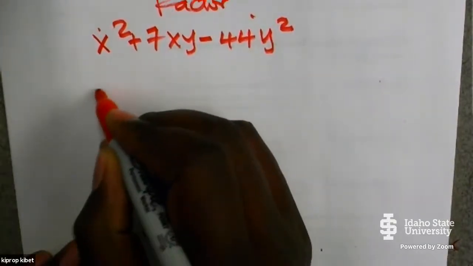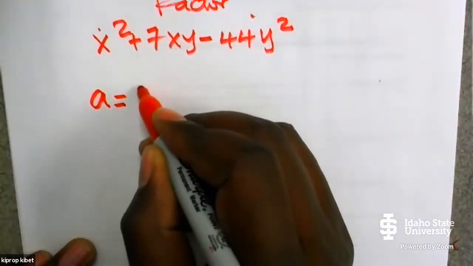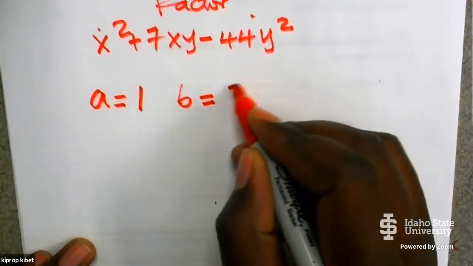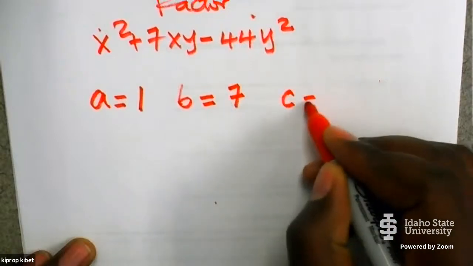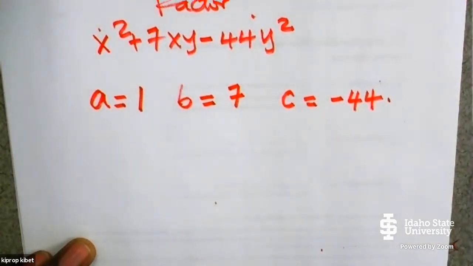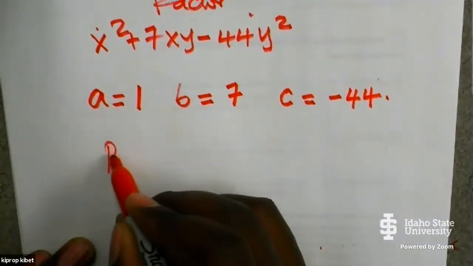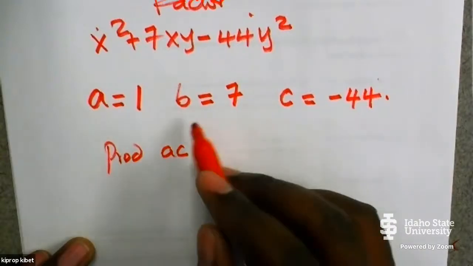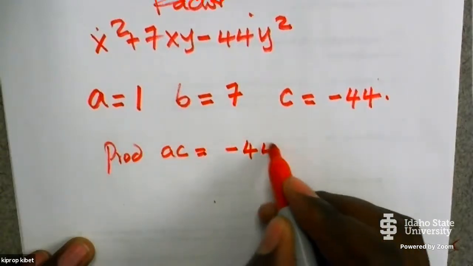All right, so how do we solve this? So we have A equals what? 1, right? And then we have B equals 7, and then C equals negative 44. So our product is AC, which equals negative 44.